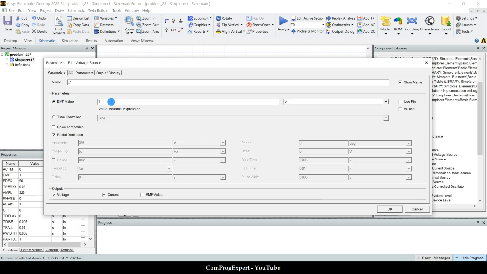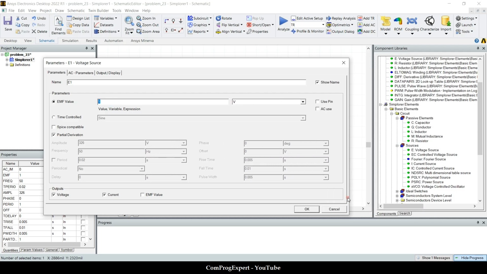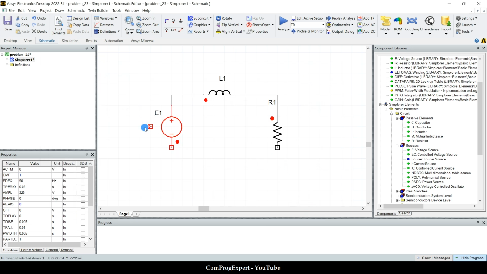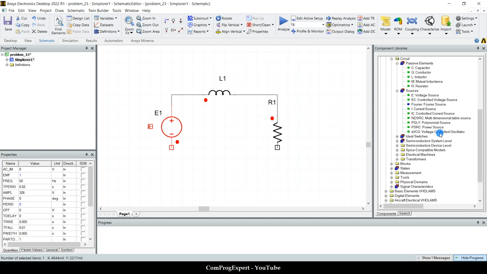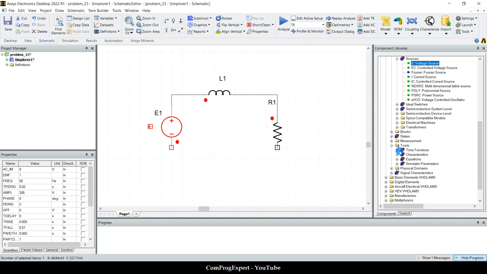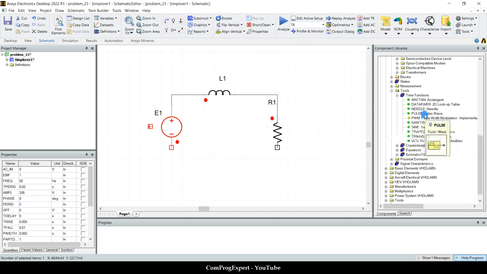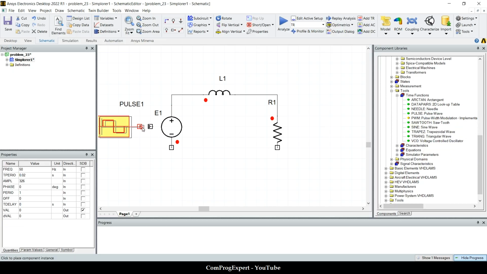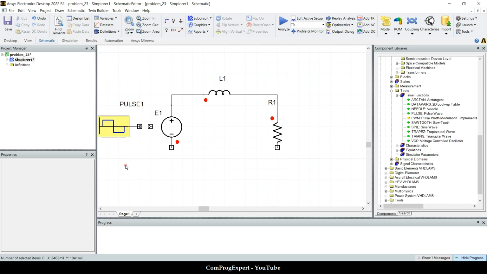You can set a constant value here, but in this case, I am going to use a function and set the value of the voltage using a function. So here we should set the value of the voltage. Let's select a time function, pulse.